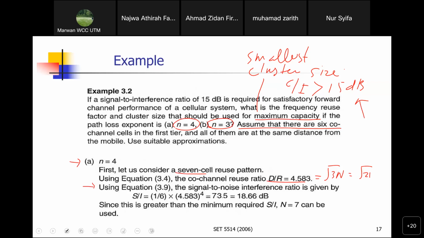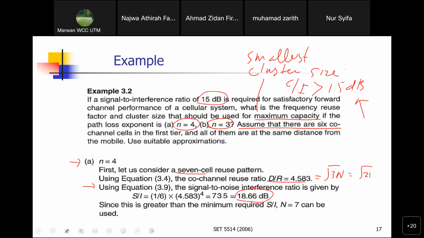This is not the worst case scenario. You will get around 18.66 dB. So 18.66 dB means that you can use cluster 7 when n is equal to 4, because you are required to at least have 15.